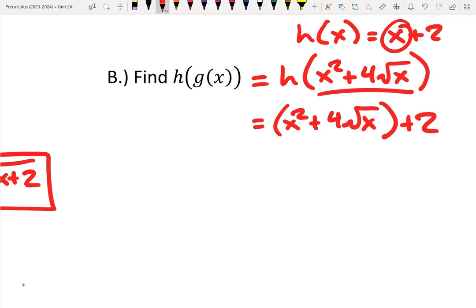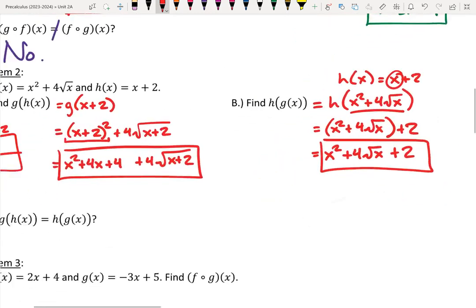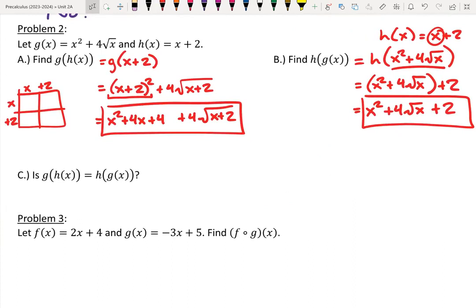Is there anything to distribute, multiply, or square, or anything like that? Can we simplify it is my question. No. So that's just x squared plus 4 square root of x, but now plus 2. All right, that is A and B. Now the hardest question of all, are those equal? No.